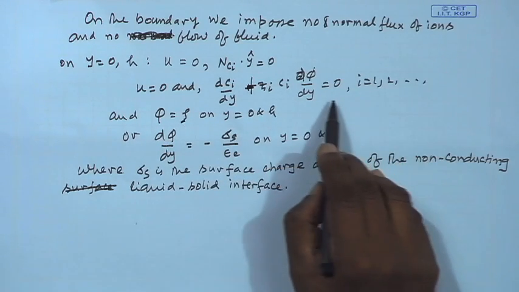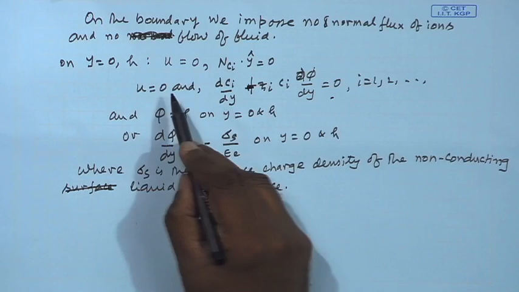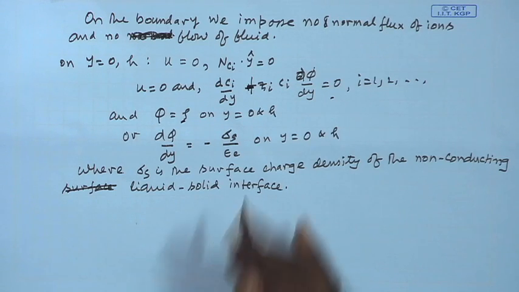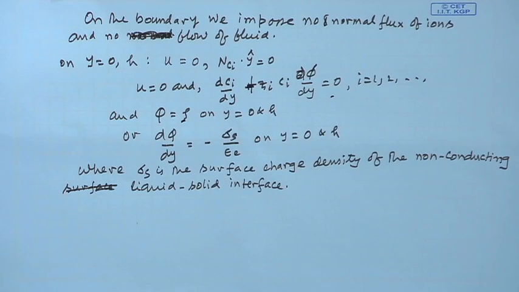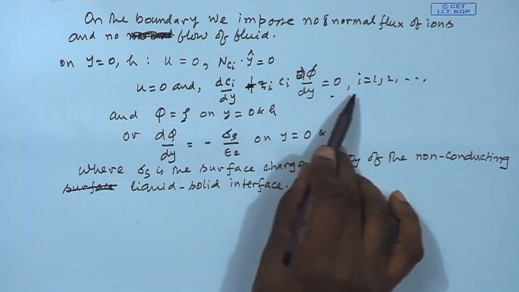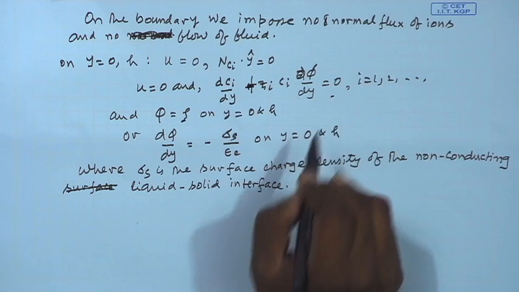This is the condition for Ci. This is the condition for the velocity. So, these boundary conditions are complete because we have a second order ordinary differential equation and we have the governing boundary conditions. So, this set of equations along with these boundary conditions cannot be solved in an analytic fashion, obviously, and also things become complicated if the number of ionic species is increased.